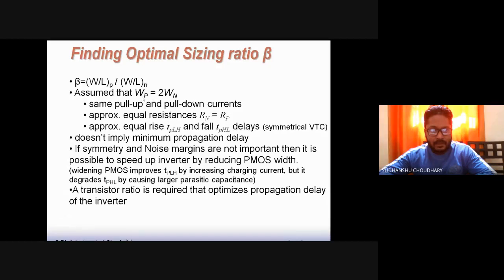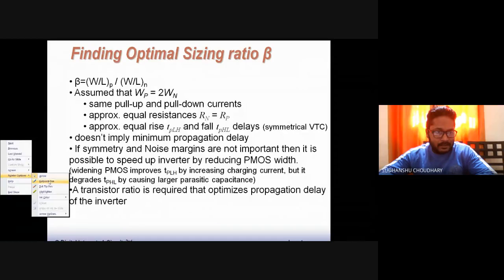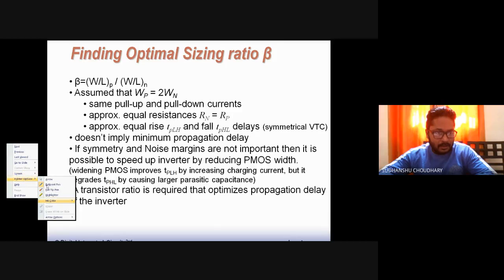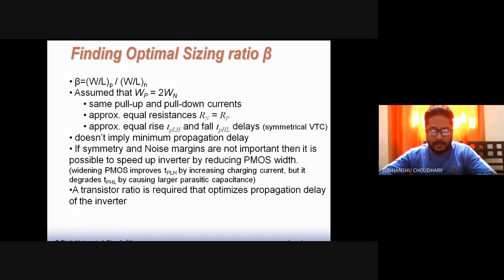That is why I keep W of PMOS twice bigger than W of NMOS. This also allows equal TPLH and TPHL, that is, low to high and high to low delays will also be the same, so that my VTC will be symmetrical. If VTC is symmetrical, then I have the advantage of high noise margin. So high noise margins are possible if I have a symmetric VTC.